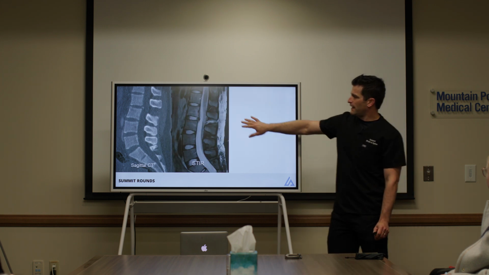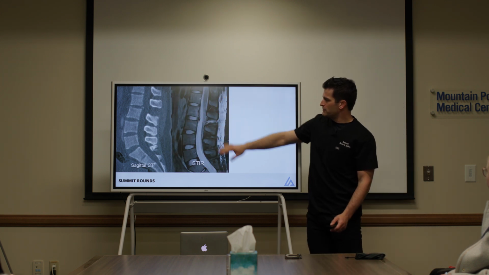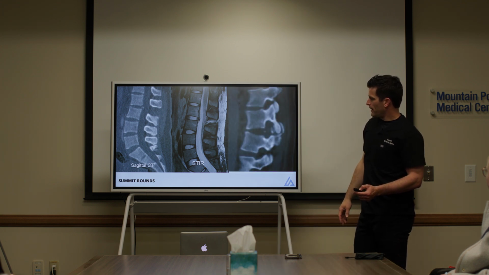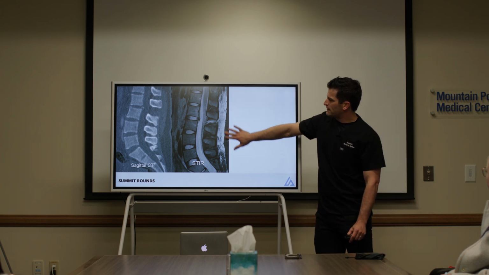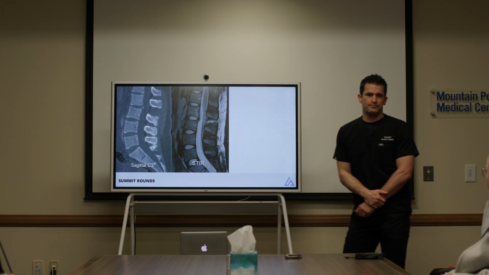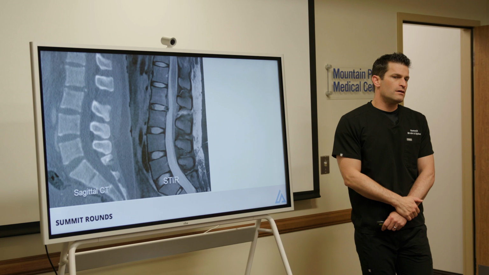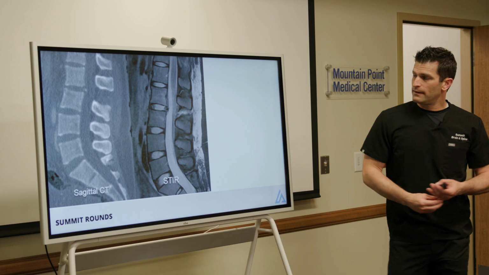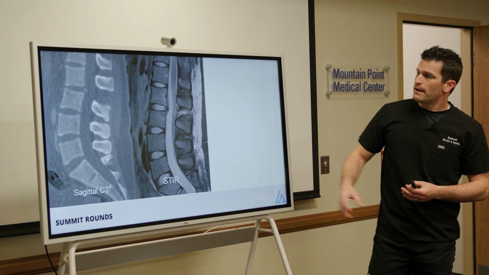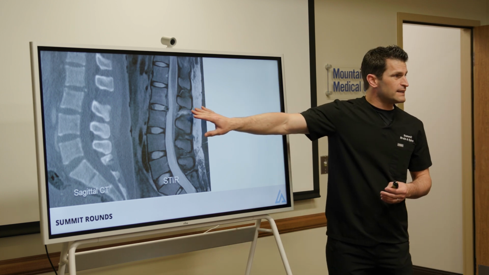Okay, so this is the CT compared to an MRI. And what do you see on this MRI here? Edema. Probably some hemorrhage. And it's probably at that same segment.